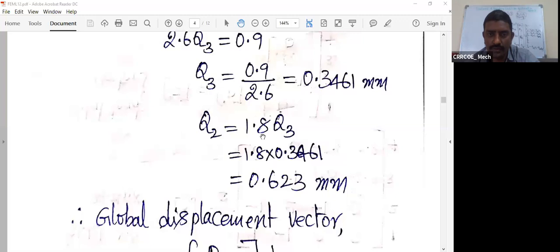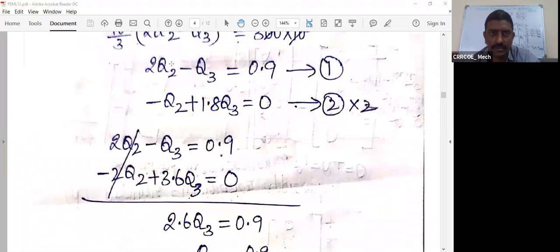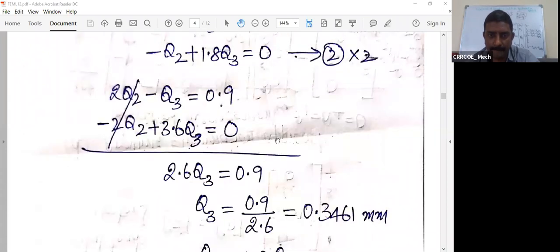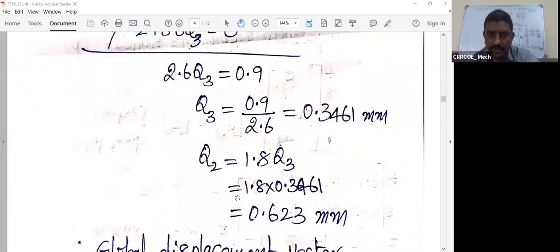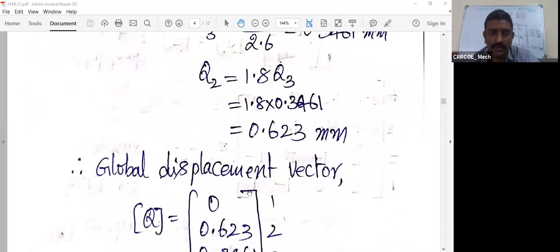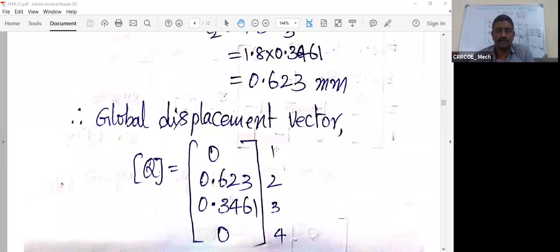From equation 2, Q2 is equal to 1.8 Q3, therefore Q2 is equal to 0.623 mm. So the global displacement vector: Q1 is specified as 0, Q2 is 0.623, Q3 is 0.3461, and Q4 is also specified as 0.